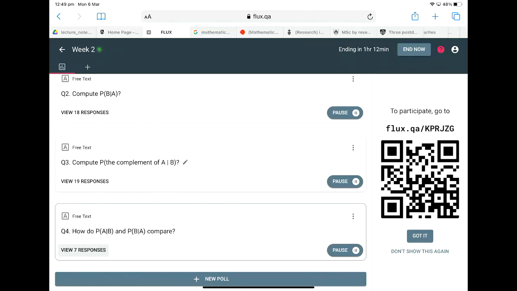And this one, probability of A given B times probability of B, also equals the probability of the intersection. So these two are the same number. That's why probability of A given B times probability of B equals probability of B given A times probability of A.